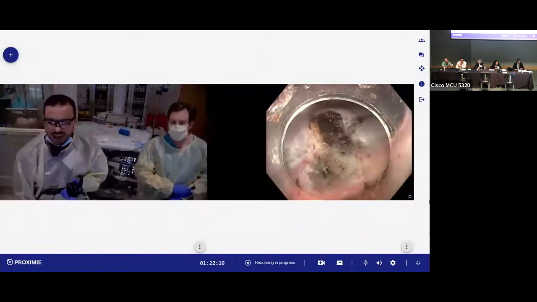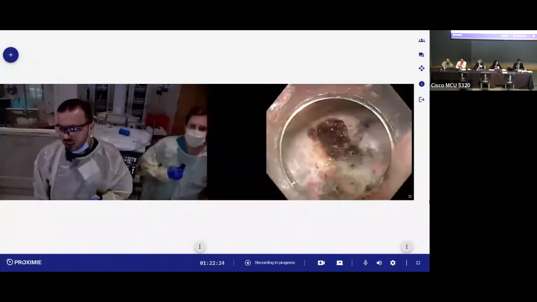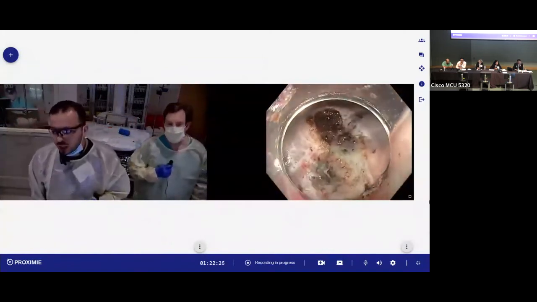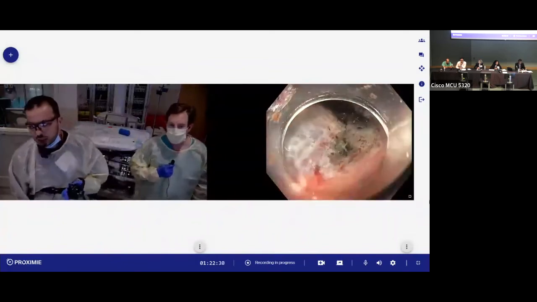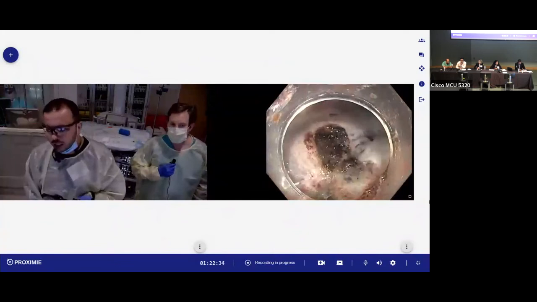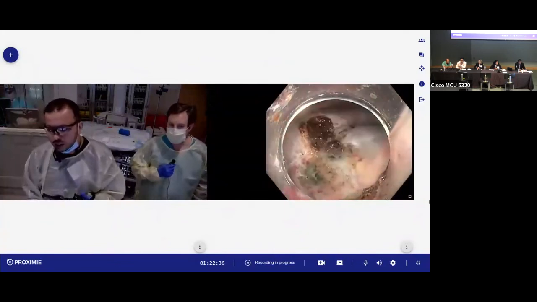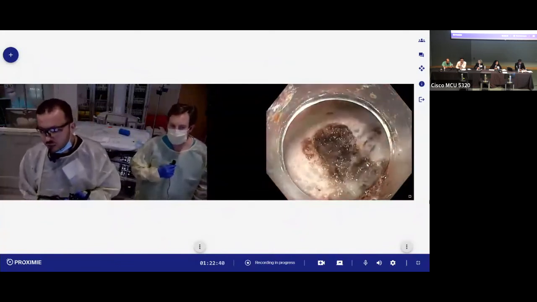Doing well, Sachin. As you can see here, we are done with the resection here. We have quite a bit of oozing, but we were able to resect the lesion completely. And we did, as we talked about yesterday, soft coagulation on the edges of the resection.